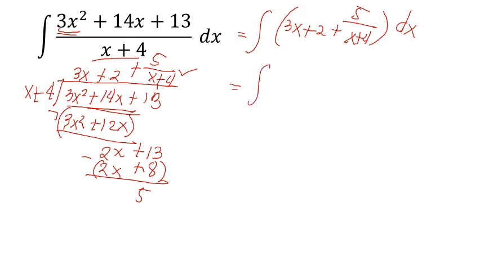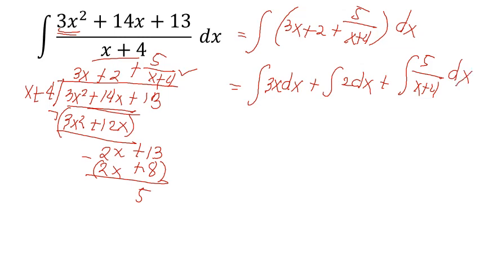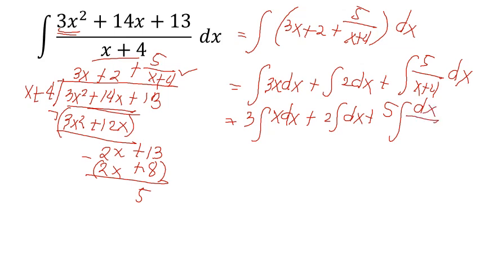So we have integration of 3x dx plus integration of 2 dx plus integration of 5 all over x plus 4 dx, which we need to factor out our constants according to the basic integration formula. So 3 integration of x dx plus 2 integration of dx plus 5 integration of dx all over x plus 4.